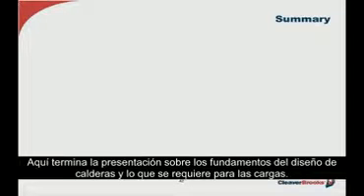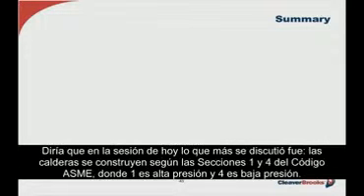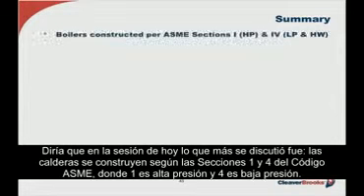So that about covers it for today as far as the basics of boiler design and then the essentials required for applying these boilers to the process of the heating load. And I would say that your takeaways from today's session, at least from my perspective, would include the following. That boilers are constructed per the ASME code sections 1 and 4. 1 is high pressure, 4 is low pressure hot water.